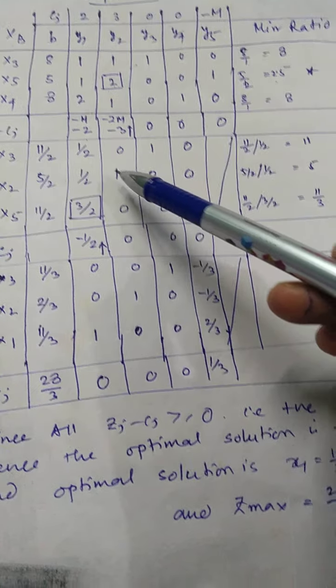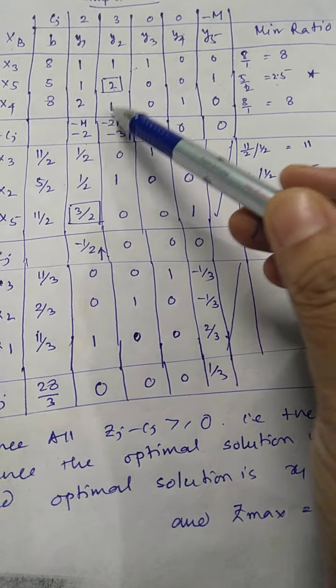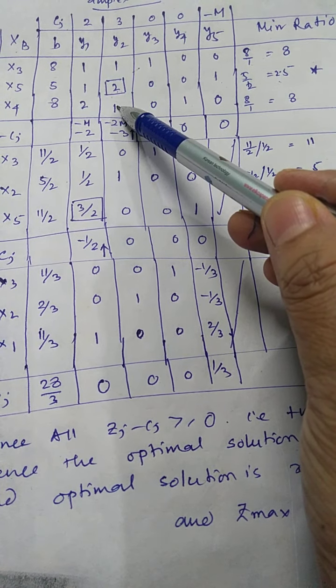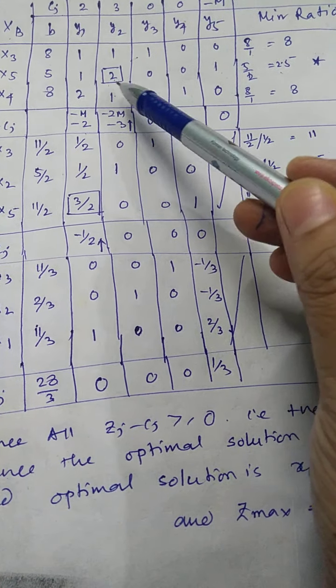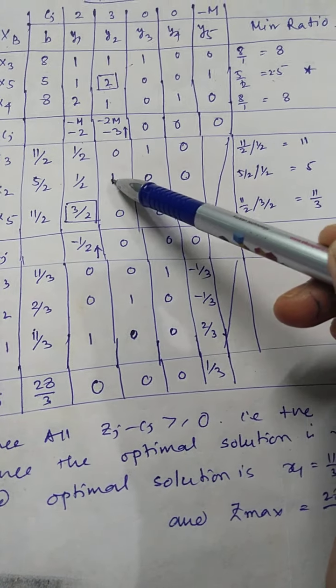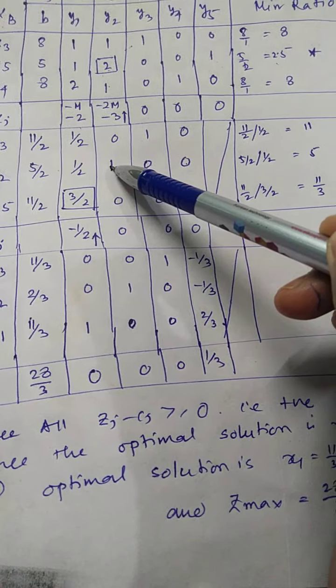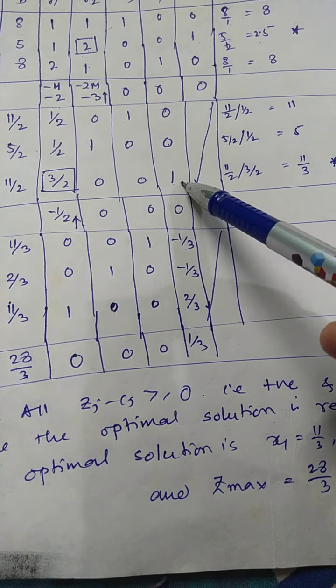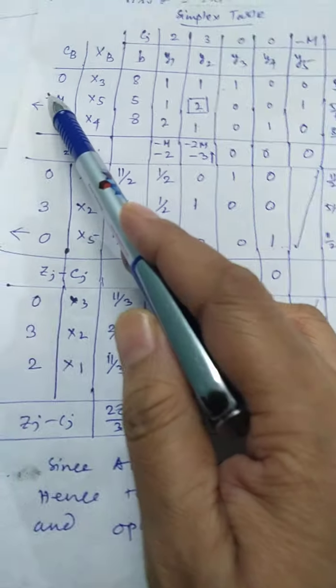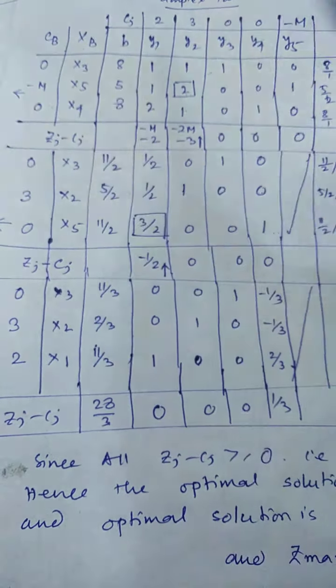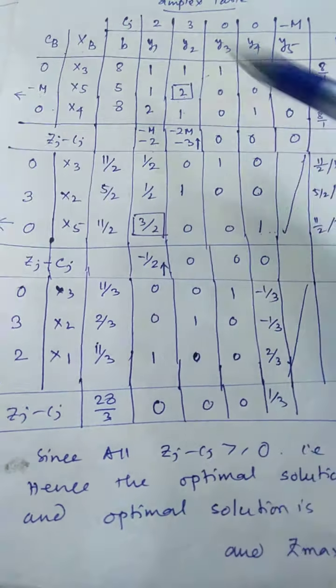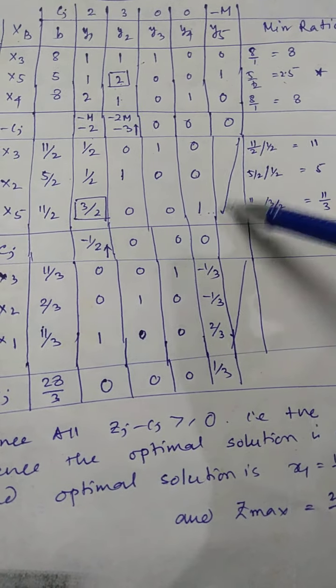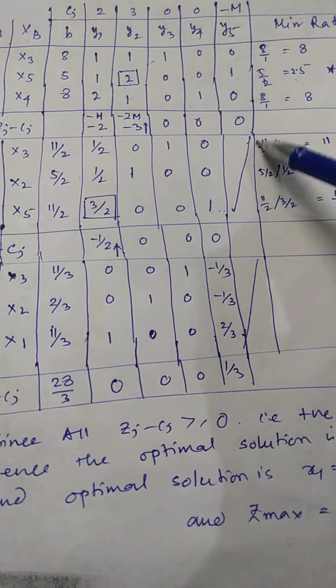This value is 1, so to make this one 0, we just subtract this row from the new row, and after calculation we get all these values. And since the departing vector is x5, and this is an artificial vector, in the next column we never calculate this column, so we cross through this column.